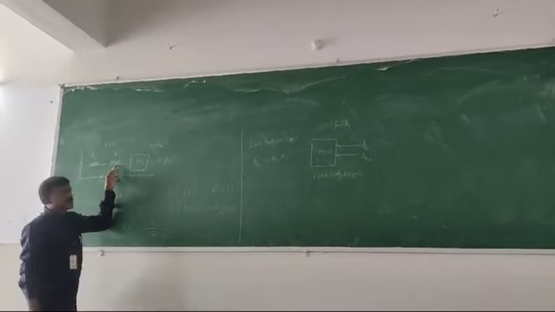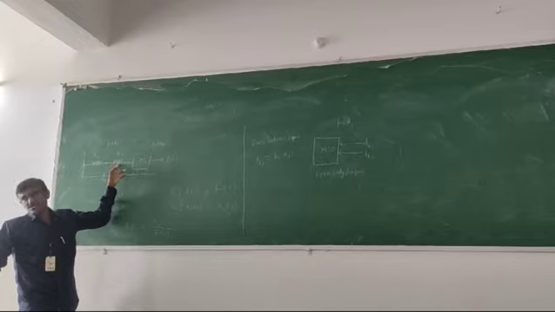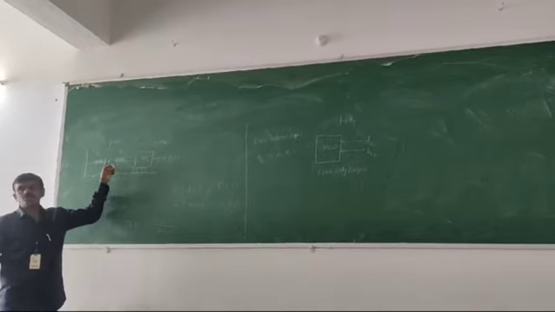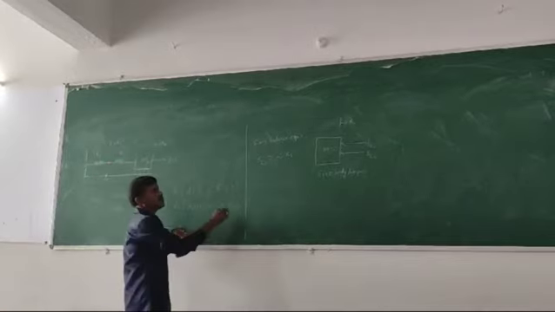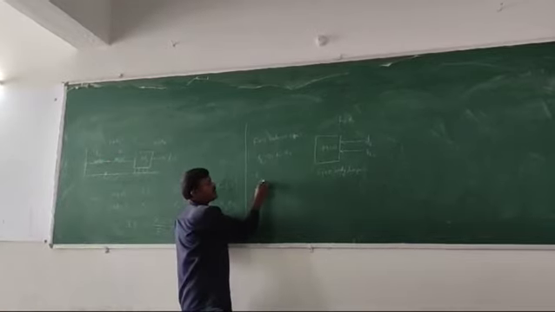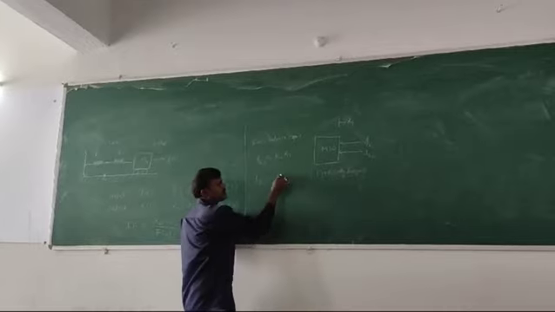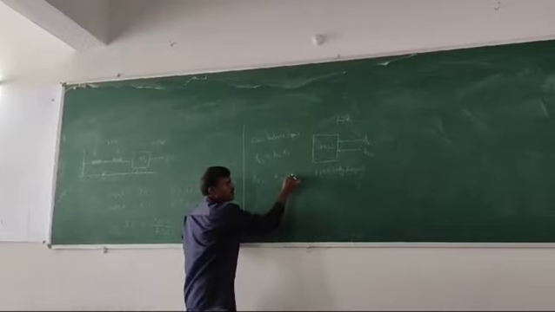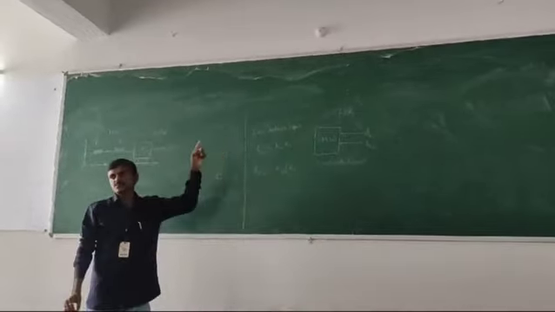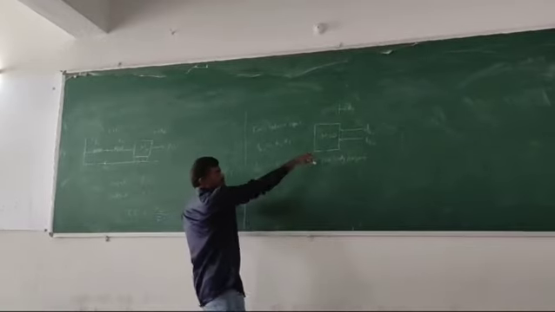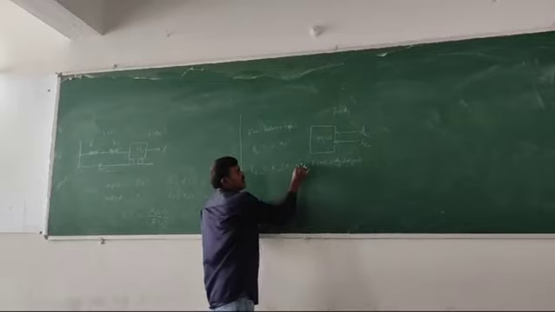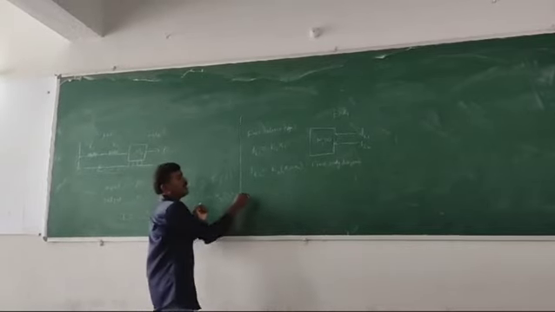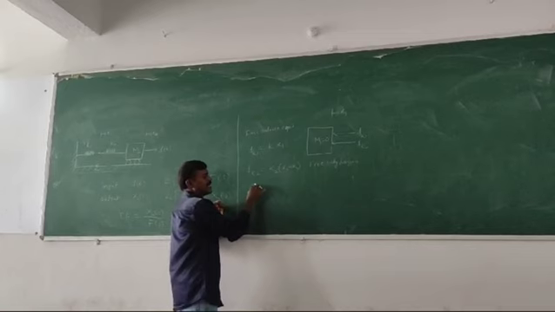Then the force balance equation of spring K2, which is having displacement at both ends. So the corresponding force balance equation F(K2) is equal to K2 into, we are writing these equations with respect to this mass, that is x1 minus x2.